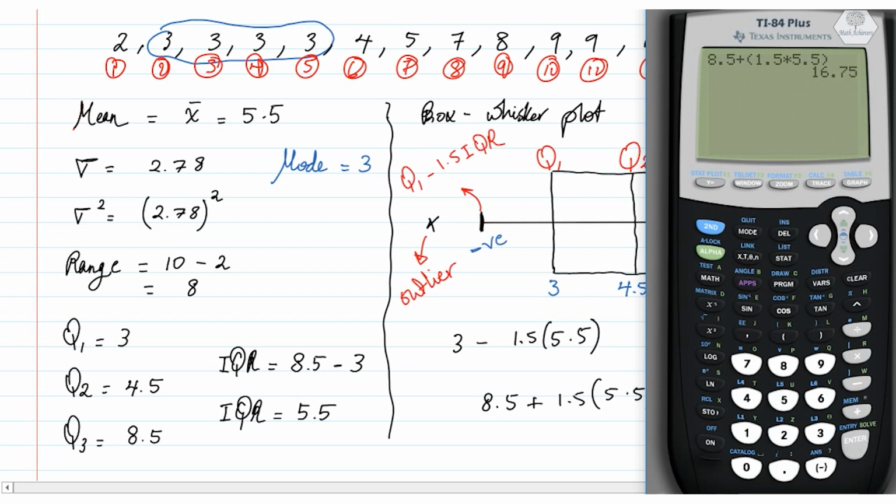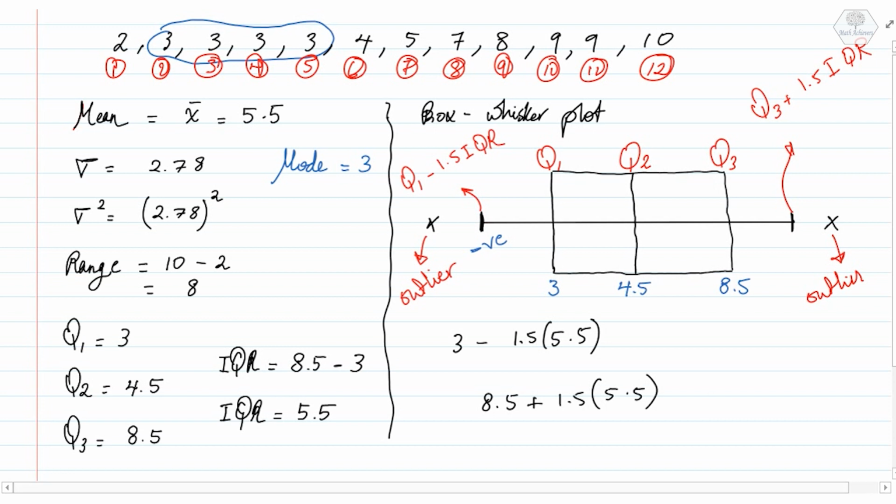This value is 16.75. So for my data, I don't have an outlier here. This is 16.75.